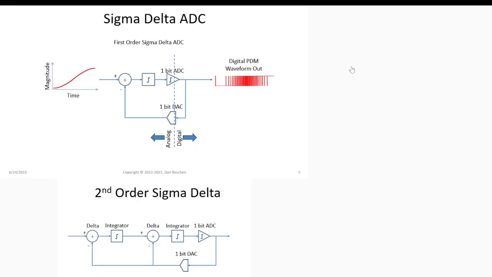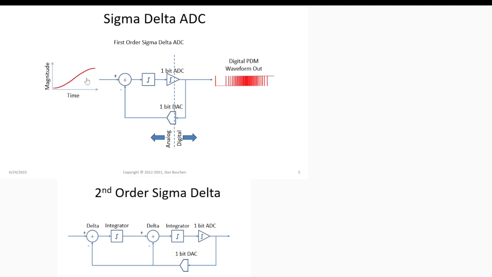So this is the block diagram, or internal function, of a sigma delta ADC. Here it's showing a 1-bit ADC, and you see the integrator, the integration symbol. That's how it works.